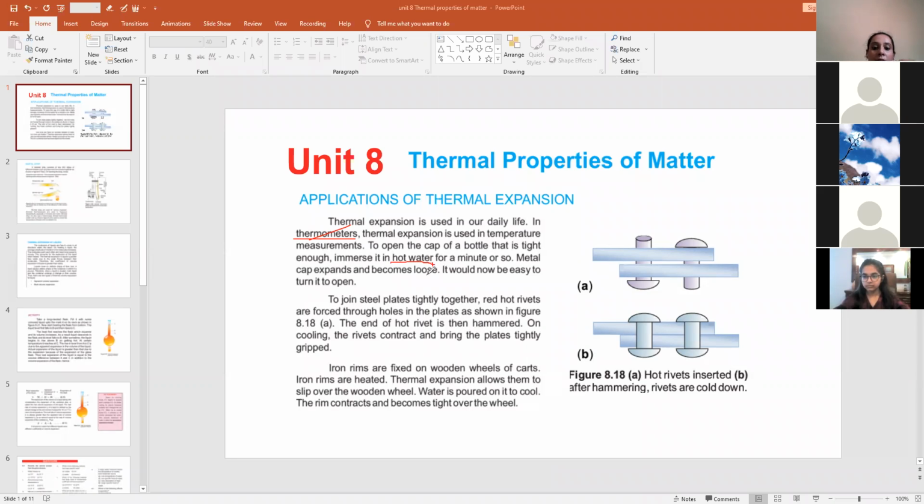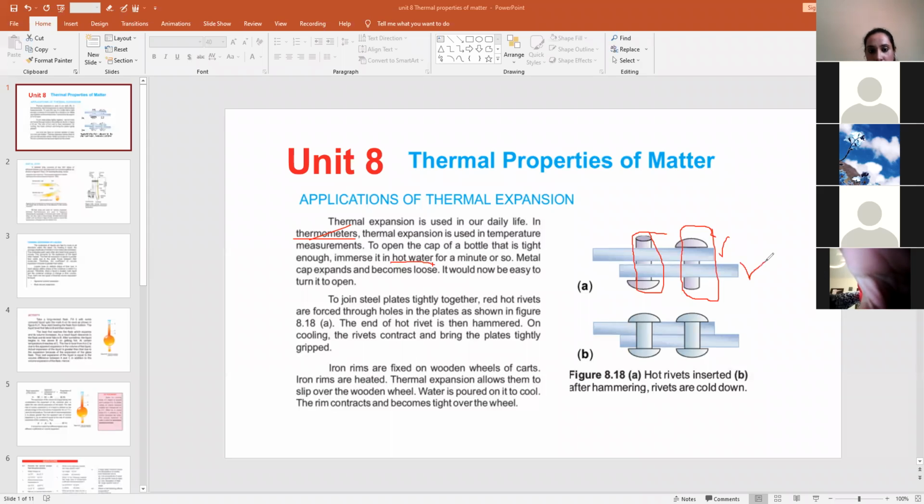Then a third application of thermal expansion in daily life, see figure 8.18 part A. These purple ones are basically the drivers, right? If we have to join steel plates, these are the drivers and these are the steel plates.